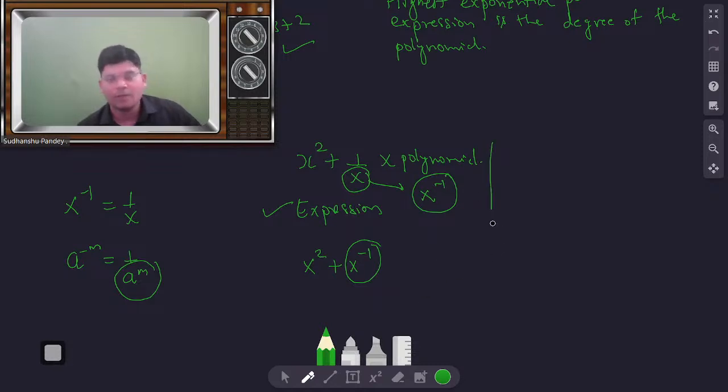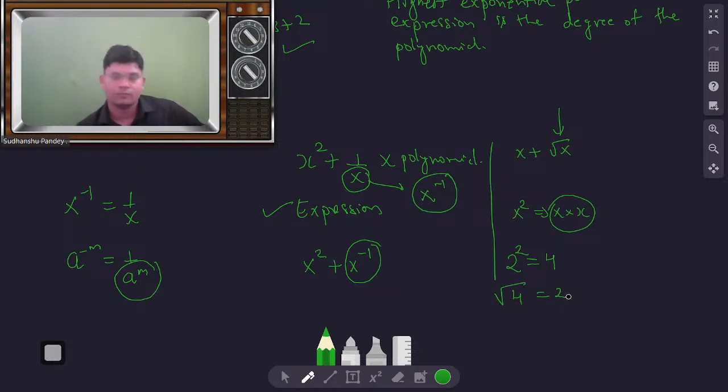One more example I am writing. If somebody asks x plus root x, you are not familiar with square roots, but x square means x is being multiplied 2 times. So if I ask what is the reverse process of this, suppose I say 2 square is going to be 4, so I am also going to say square root of 4 is going to be 2.